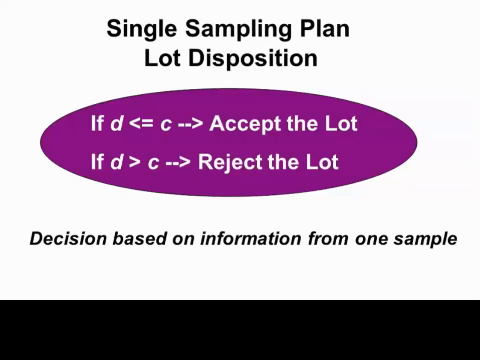C is the maximum allowable that you can find and still pass the lot. On the other hand, if D is greater than C, if D exceeds the maximum number, then we have to reject the lot. One of these has to be true. Either D is less than or equal to C, or it's greater than C. There's nothing that's not covered here. And again, this is making a decision based on a single sample from the lot.